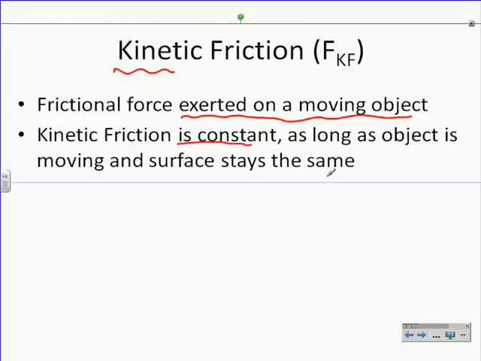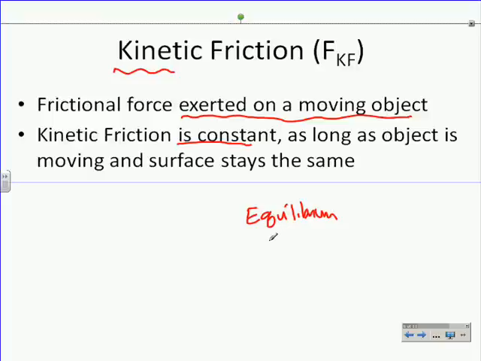So we have two kinds of friction that can influence the motion or the non-motion of that object. First, let me add one more thing on kinetic friction. In that example that I did for you, I was trying to make that block move with a constant velocity. Once again, an example of equilibrium.